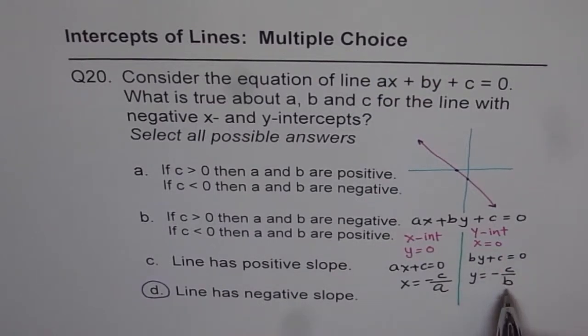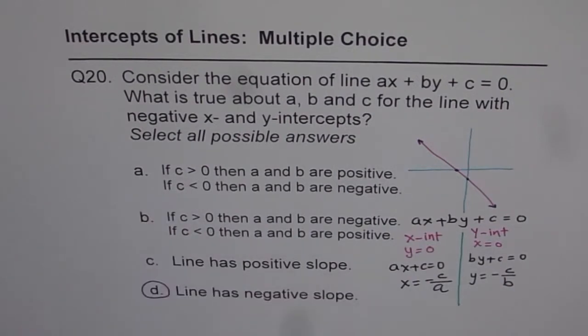Now we can see the relation between a, b and c, the coefficients, correct? For x and y intercepts to be negative, it is important that if c is positive, a and b should be positive. If c is negative, a and b should also be negative. Only then they will have negative intercepts, right?